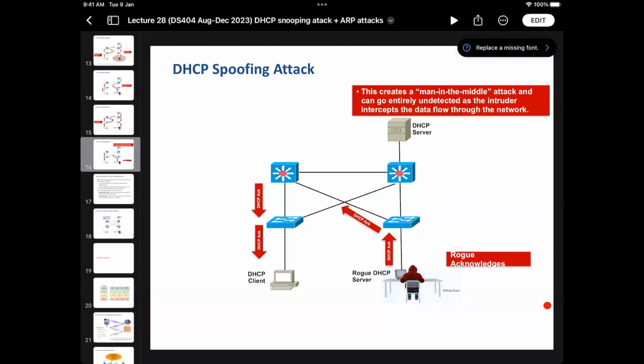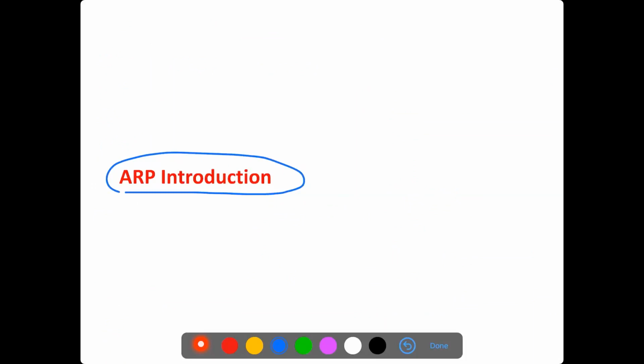Okay. All right. So now let's look at the next protocol, which is called ARP. Why do you need ARP? Address Resolution Protocol. Are you able to see the PPT? Yes, sir. Okay. So why do you need ARP?